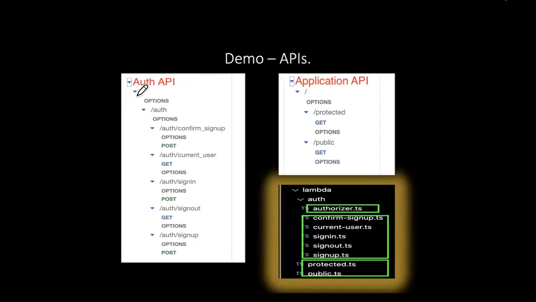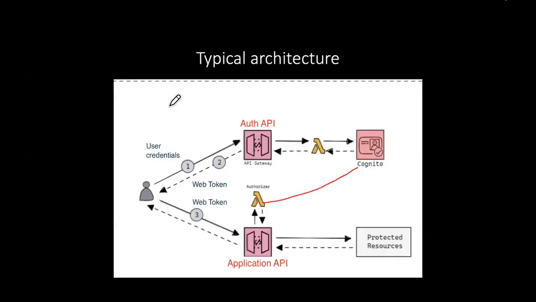Oh, no, sorry. What I'm showing you here is from the authentication API. From here on in now, I'll refer to this as the auth API and this as the app API.